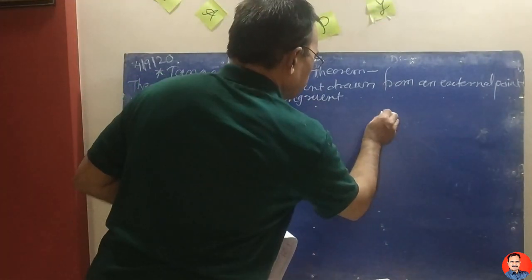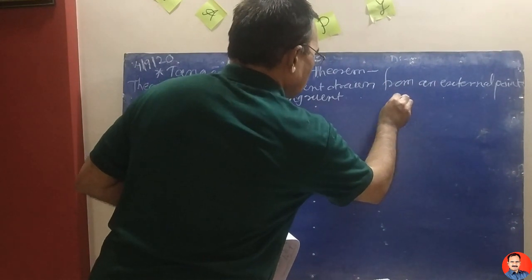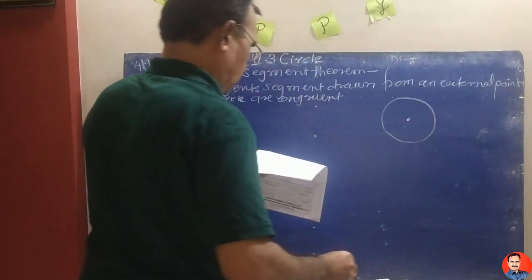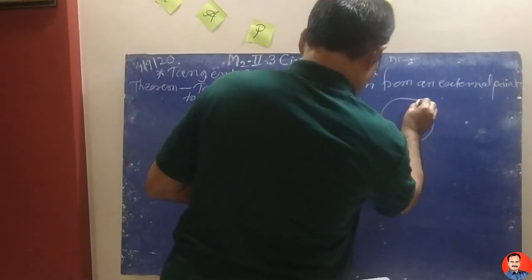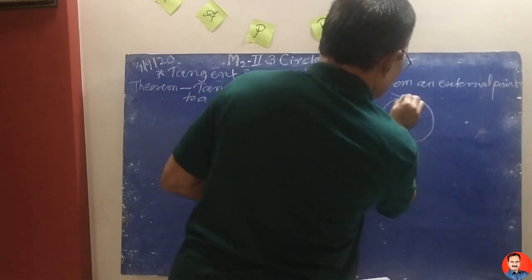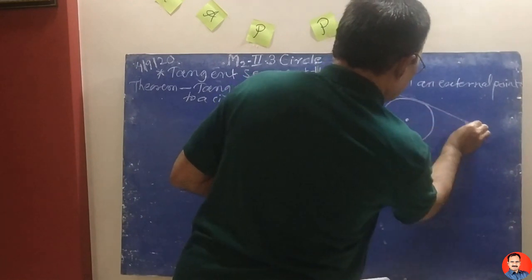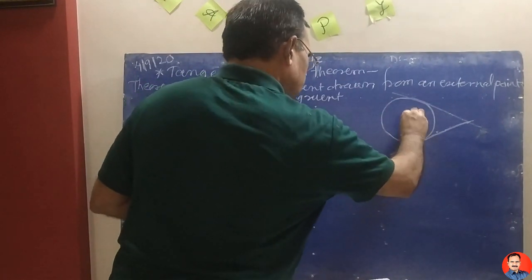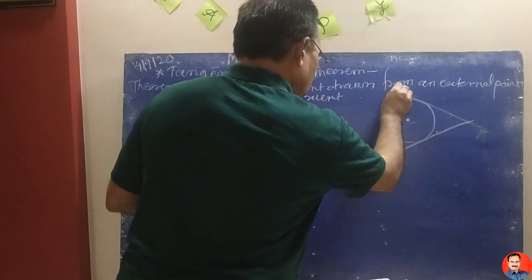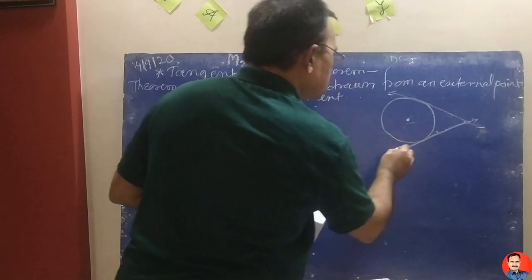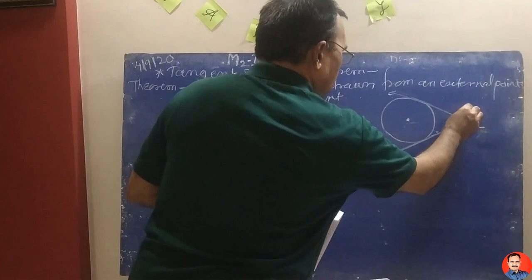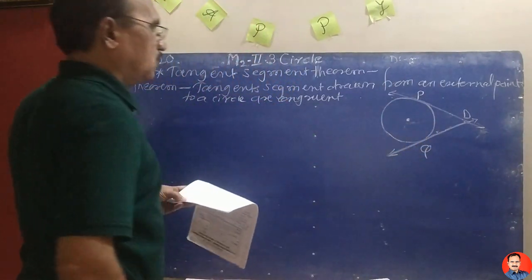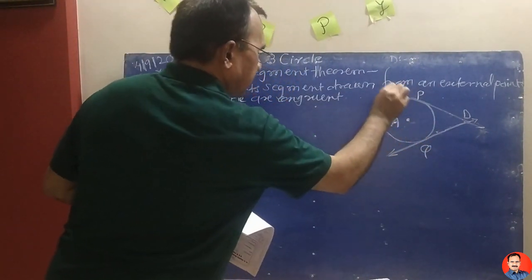First, draw the figure. These are the tangents drawn from external point D, points P and Q are on the circle, and A is the center.